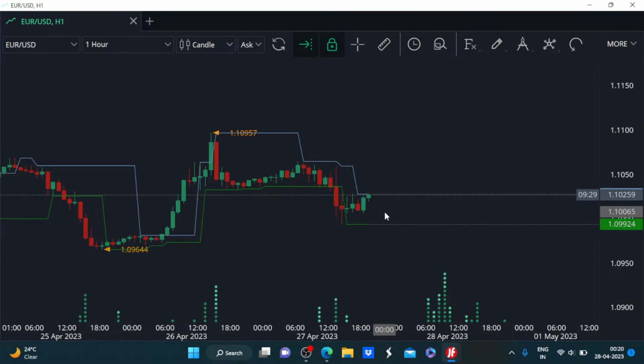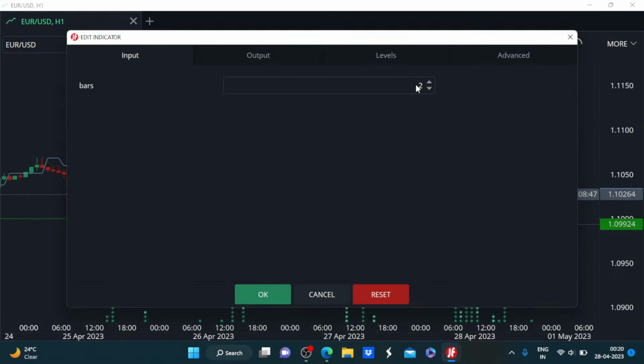Now let us see what we can do in terms of the editing. If you want to edit this indicator, you get this option of varying the number of bars on each side to form the fractal, and then those fractals will be joined to make the fractal lines indicator work for you.